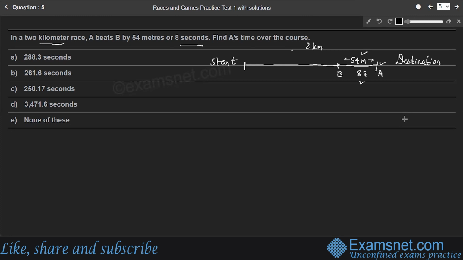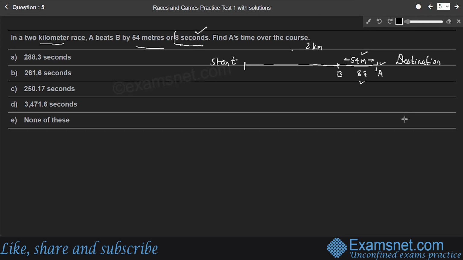This time of 8 seconds is not for A. To cover 54 meters, B required 8 seconds. That's the meaning: A beats B by 54 meters means B has to cover that much distance to reach the destination in that particular time.